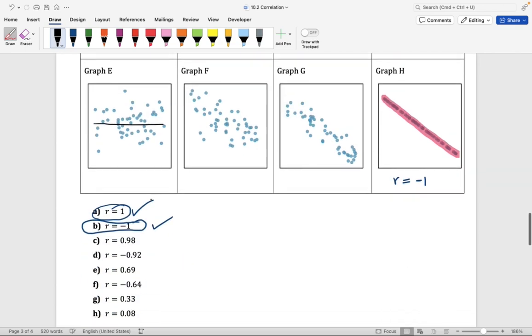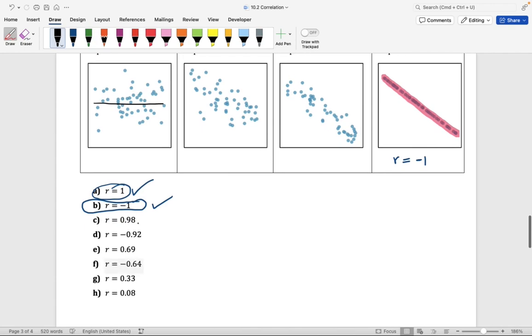So let's go back to our list. I'm going to circle the values that are really close to 0. They're the last 2 values that we have here. The other 4 values are closer to 1 and -1. That's why I'm not looking at those. Both of them are positive. Now here, R equal to 0.08 is closer to 0.